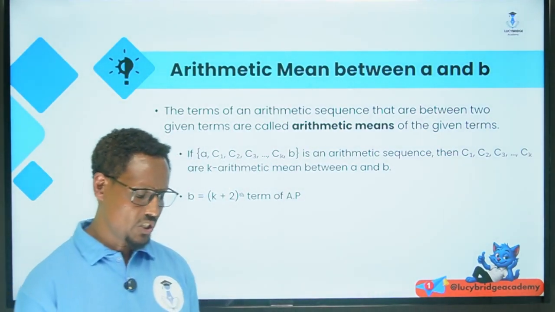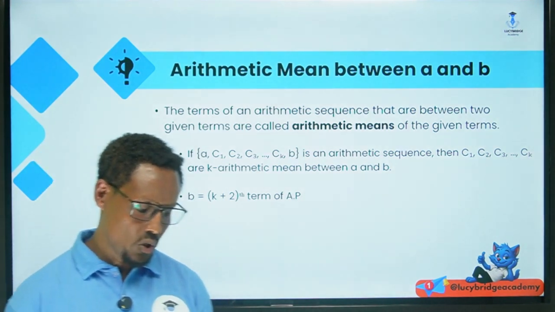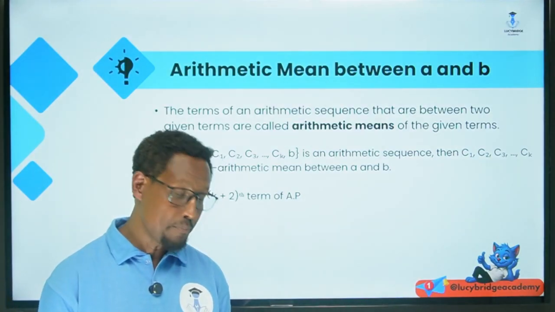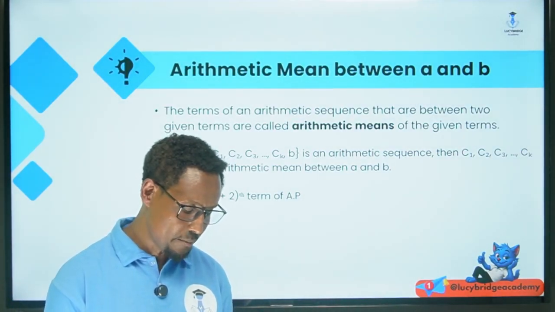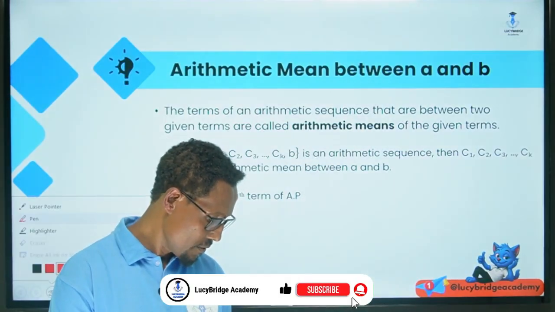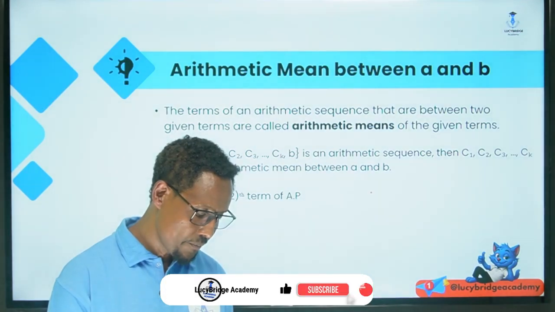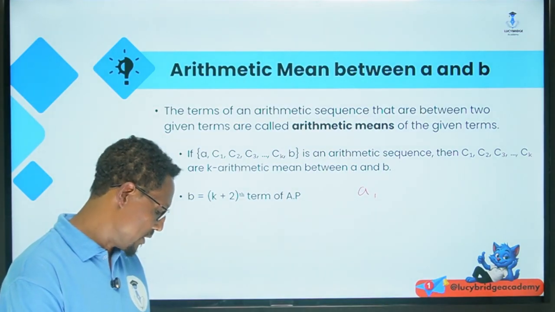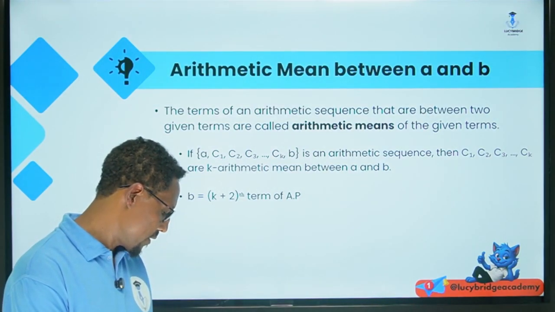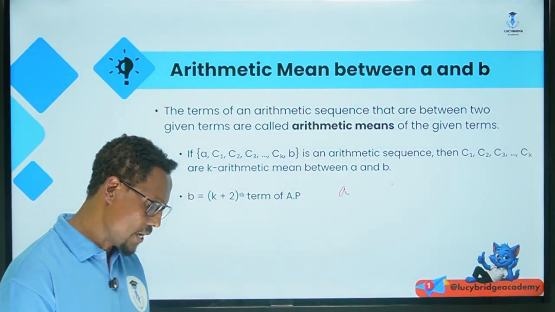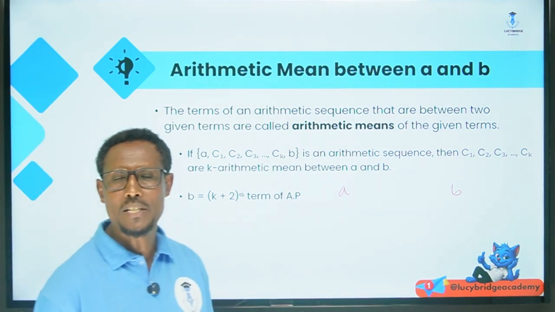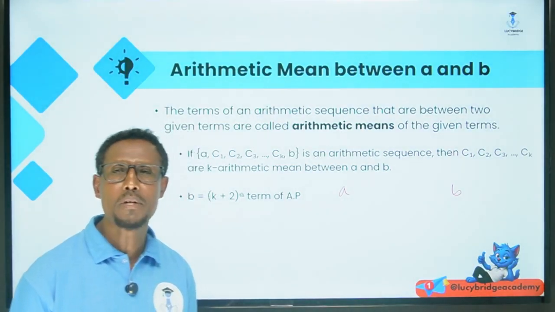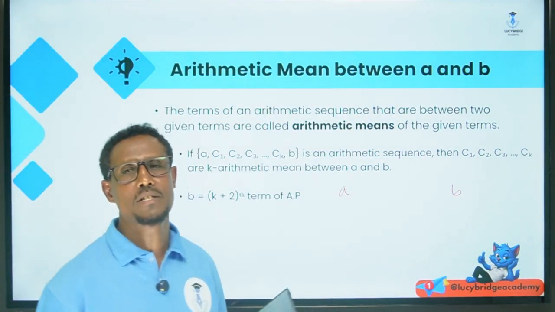The terms of an arithmetic sequence that are between two given terms are called arithmetic means of the given terms. If A and B are any two terms, we can insert other terms between A and B, but A and B will be the first and the last term.